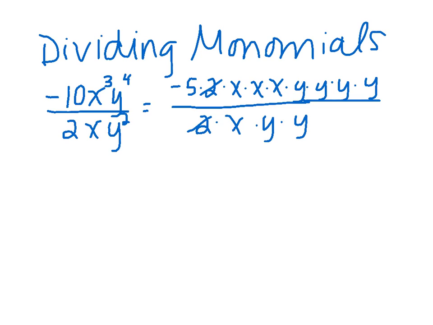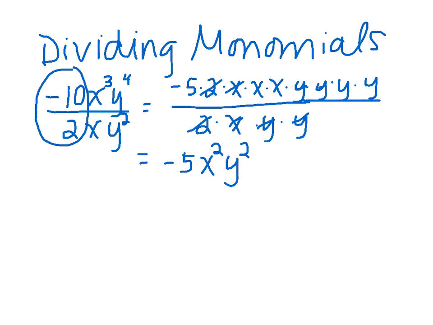By dropping out the ones, we can prove that what this equals is negative 5x squared y squared. We did, in fact, divide the coefficients and subtract the exponents. Remember, this exponent is 1.